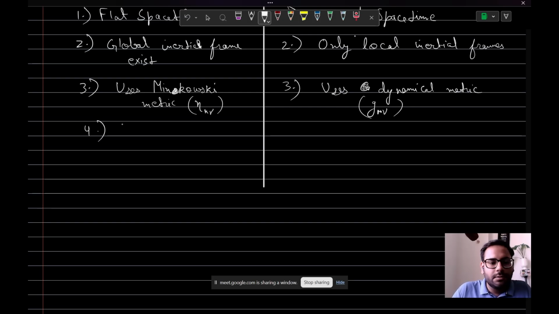Fourth point: in special theory of relativity, the fundamental thing is Lorentz invariance. It follows a Lorentz symmetry. But in general theory of relativity, it follows general covariance. We will see the difference between invariance and covariance.